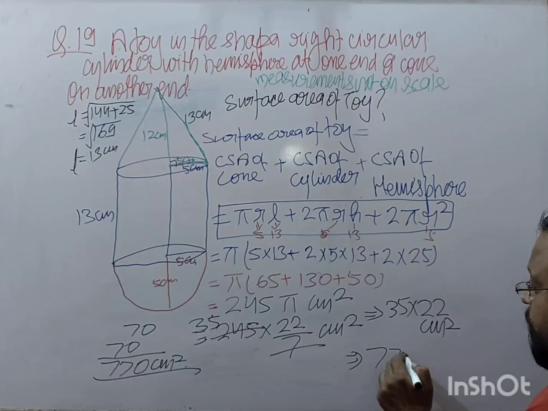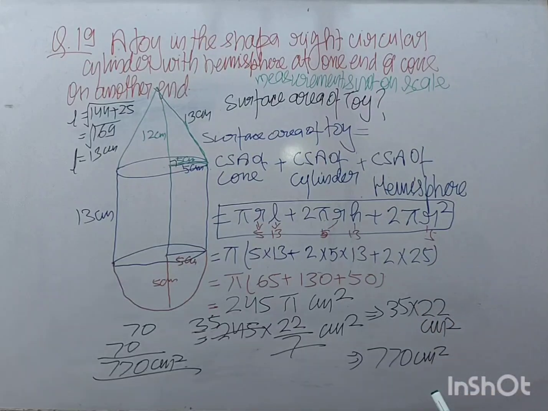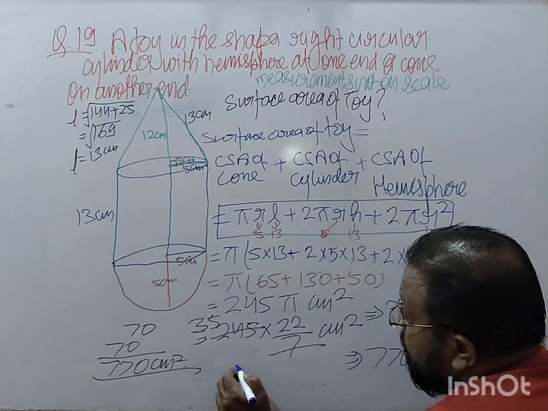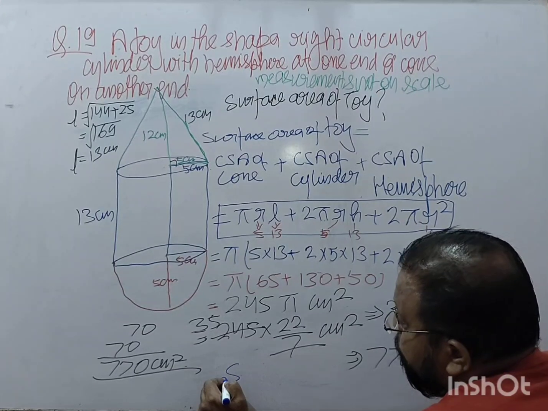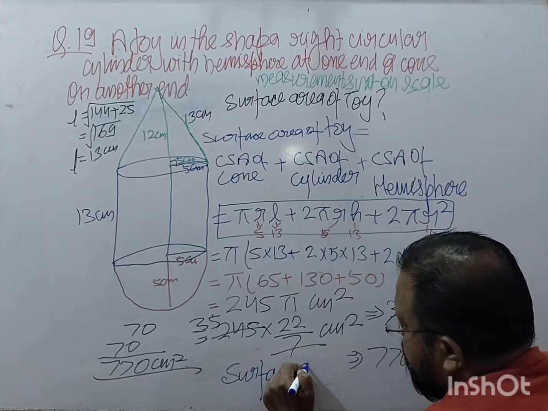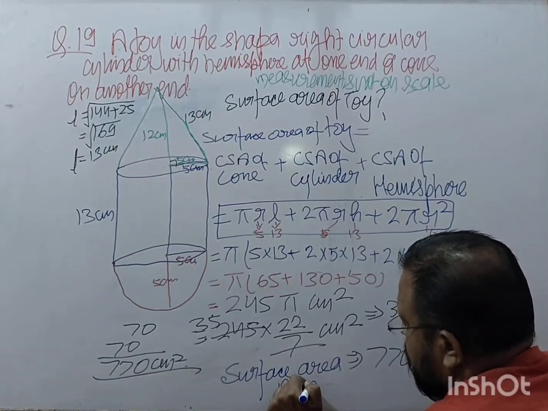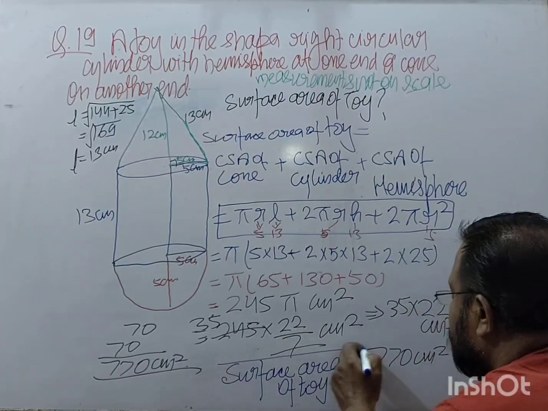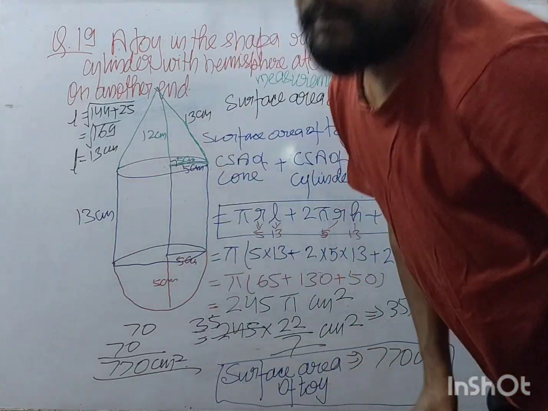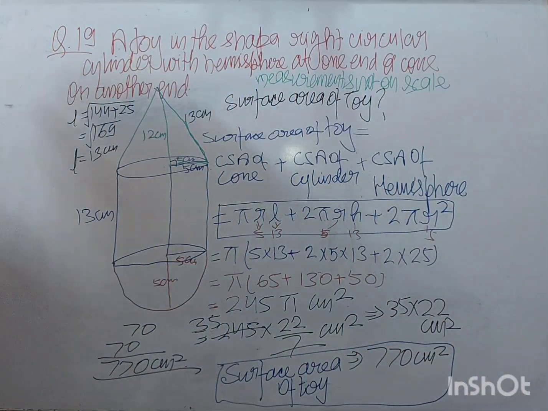So 770 centimeter square is the total surface area of the toy, right?